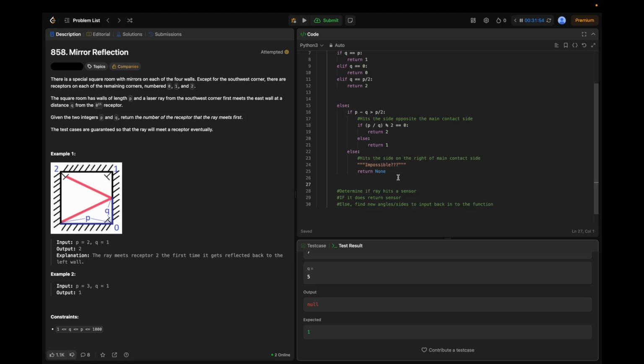How do I determine which side though? I still can't get over it. Okay, let's think. The side depends on, I think it depends on the Q, whether that's even or odd or something like that.